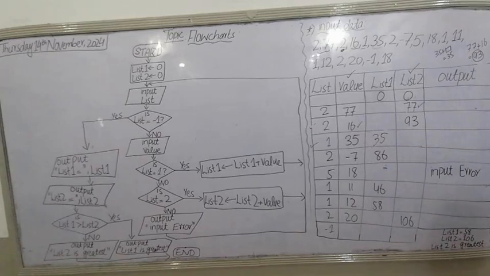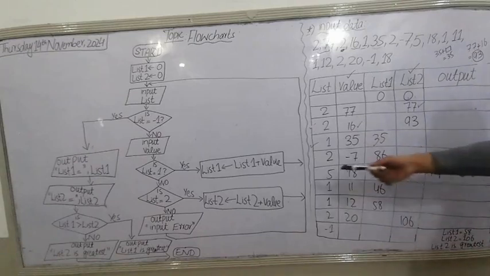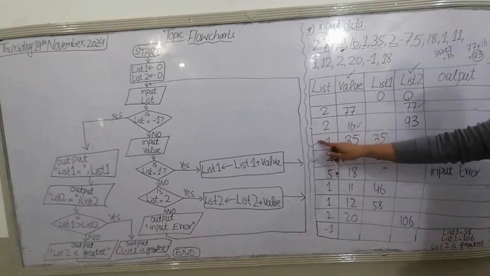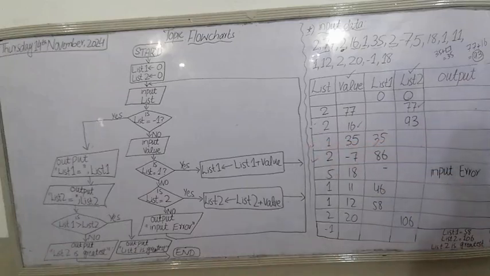Next step, again we will go upwards, we have to take input value, that is again 2. So you can see we have 2 here, and let me erase it for you. After putting the value in the variable list, let's move forward.